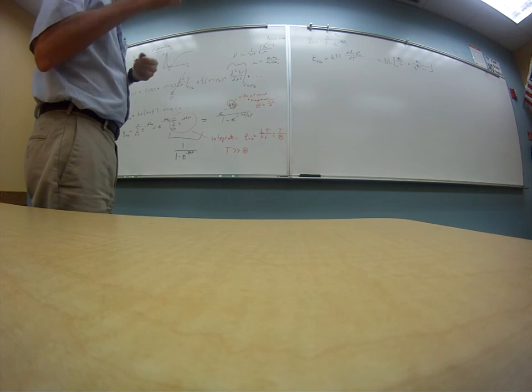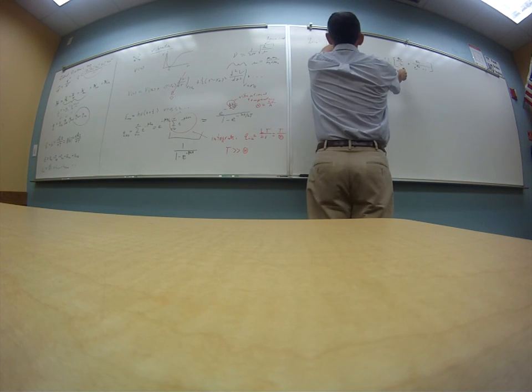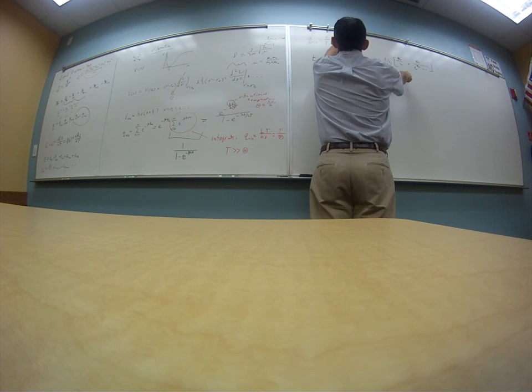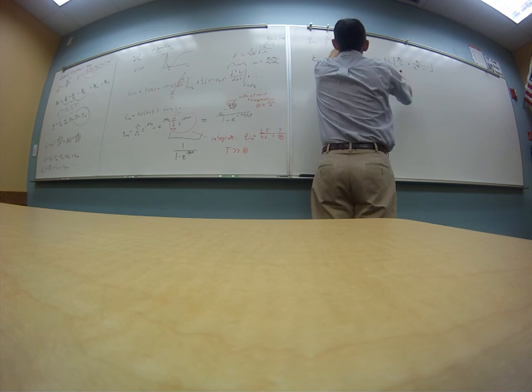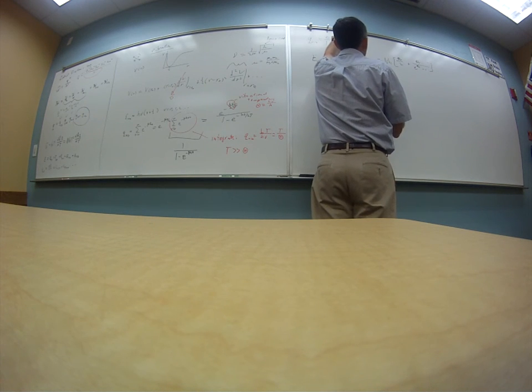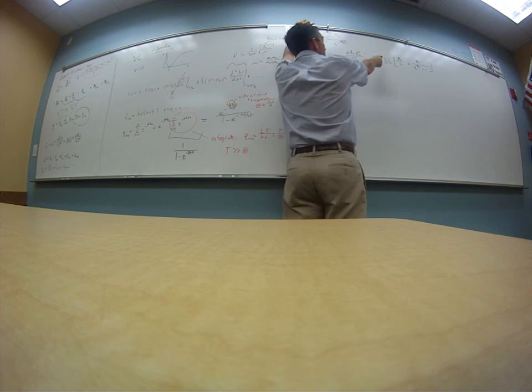I think it's fairly obvious where this came from. This term came from the logarithm of the numerator. There was a minus sign here, but when you take the partial derivative of 1 over T, you get 1 over T squared, so that canceled out the T squared. Okay, that's where that came from.